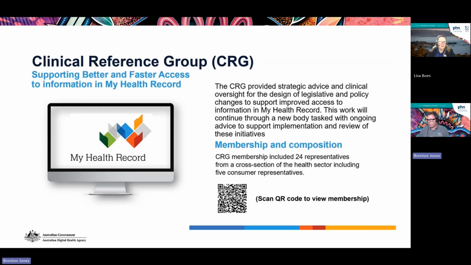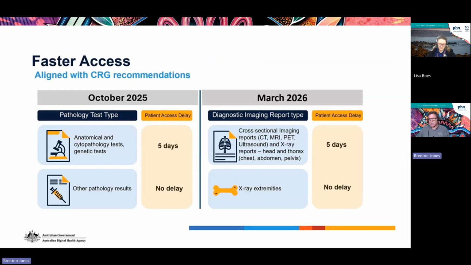So it's very critical that the composition and membership of this group are at the forefront of the evolution of this reform. So this is the one page that I think summarises it neatly and aligns with the CRG recommendations.